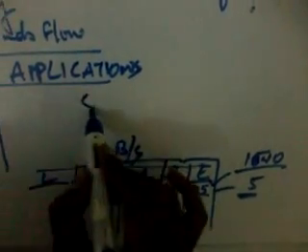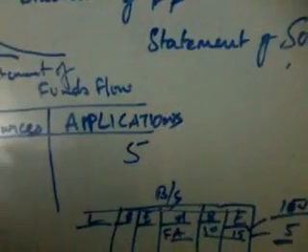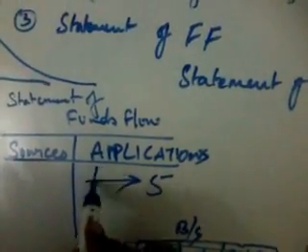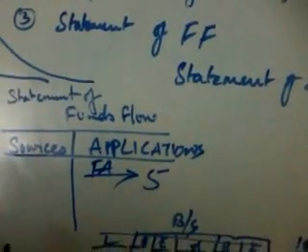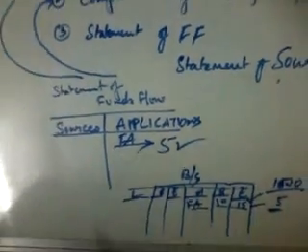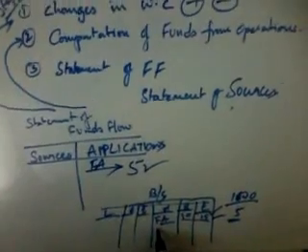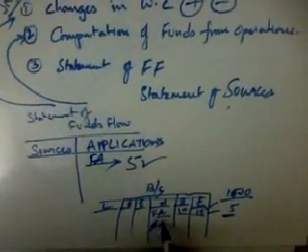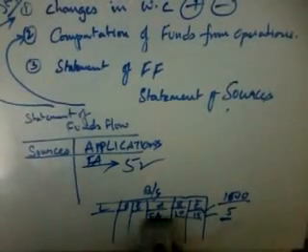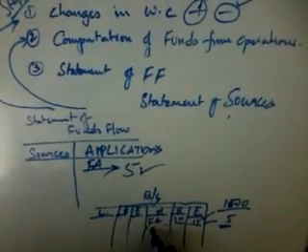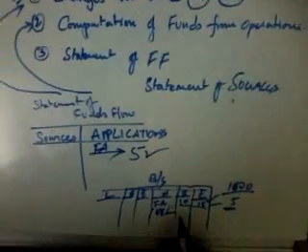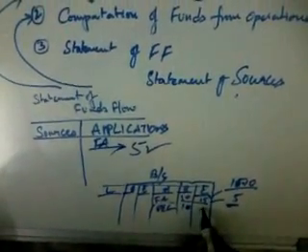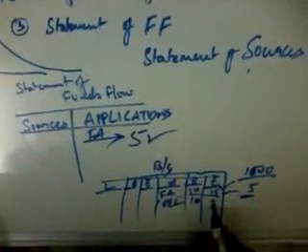So 5 comes under applications. That means we have to note in applications, by way of fixed assets, 5 has been recorded. Suppose some other fixed assets, like plant and machinery. In the beginning of the year it is 10, while at the end of the year it is 5.